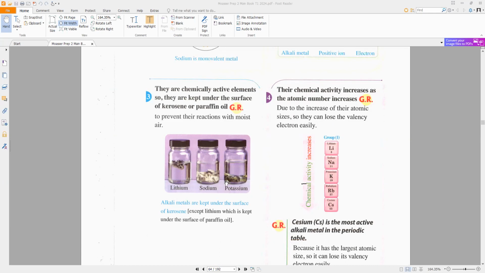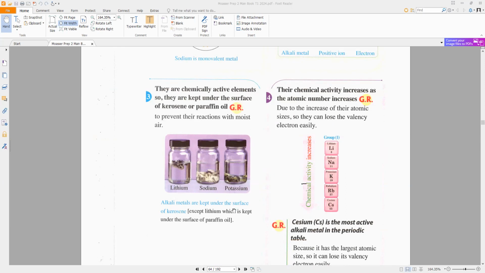So how do we stop the reaction with the air? We keep it under liquids. Not any liquid, a liquid that doesn't react with it, like kerosene, a liquid from benzene derivatives, or paraffin oil.